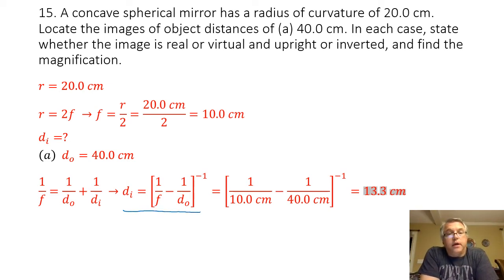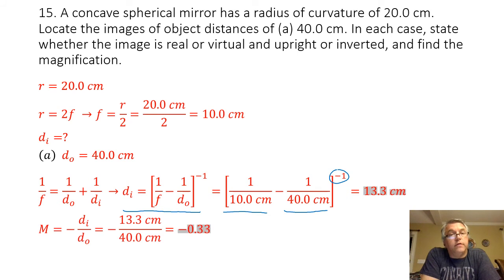I plug in my focal length of 10 centimeters and my object distance of 40 centimeters, remembering I always have to take the reciprocal of the sum of my reciprocals, and doing that will give me an image distance of 13.3 centimeters. To find the magnification, I take the negative of the image distance divided by the object distance.